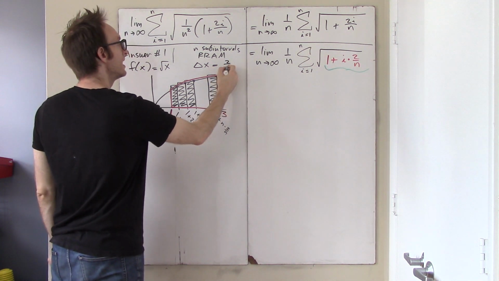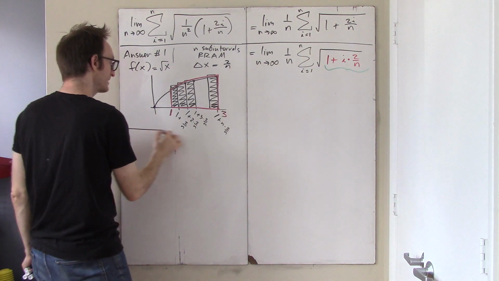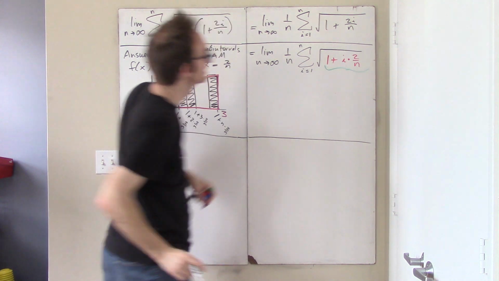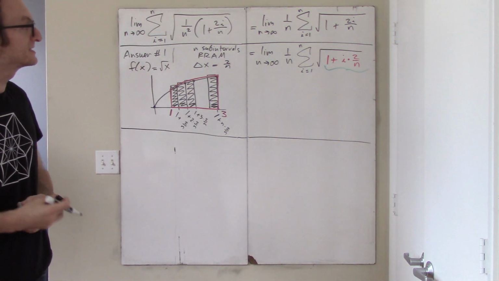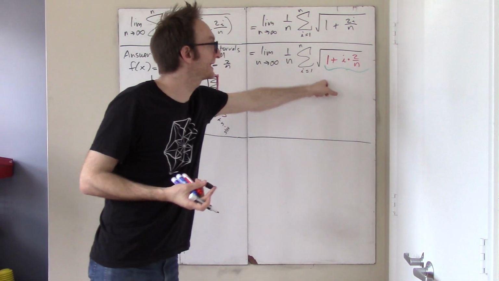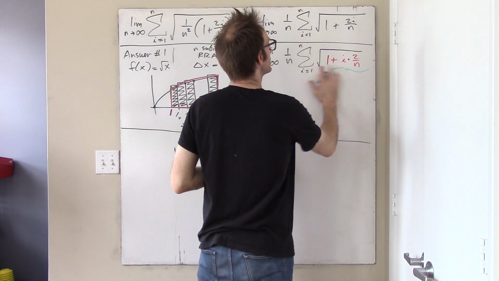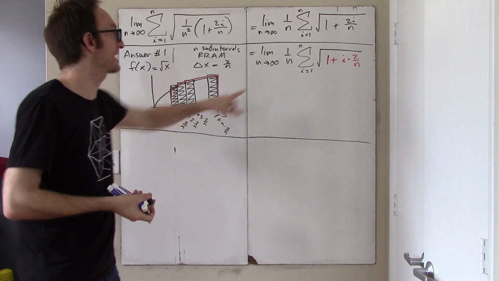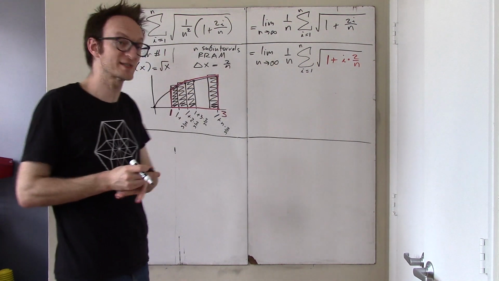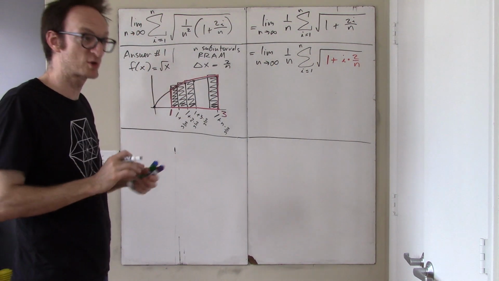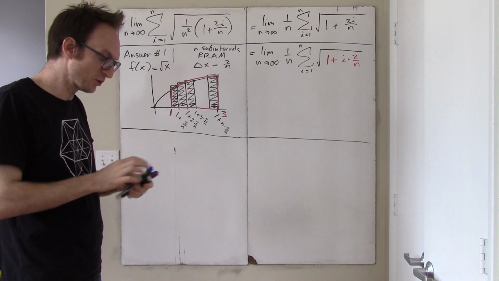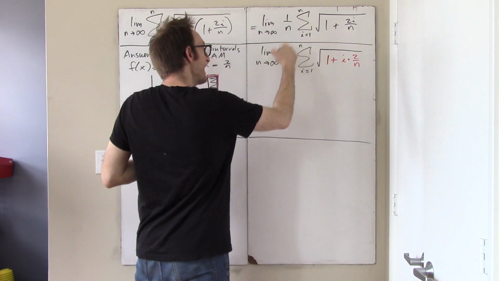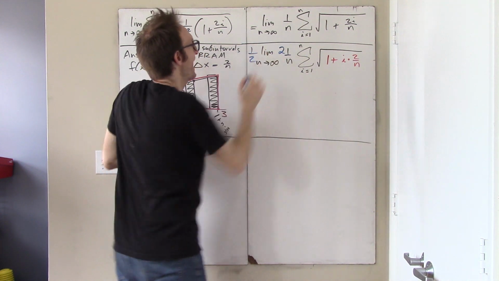And so, like has come up once before in this class, I am now unable to say that this is quite exactly an integral yet, because this 1 over n is not the width of a subinterval. In fact, the width of the subinterval is 2 over n. And so what we may do is stick in a 2 and undo the damage with a 1/2.